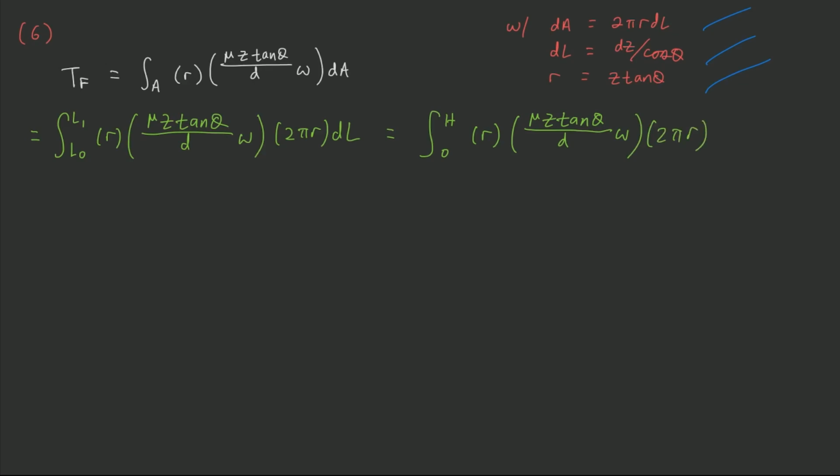We know that dl is equal to dz over cosine theta. And again, we change the limits of integration because we are now expressing this integral in terms of z.